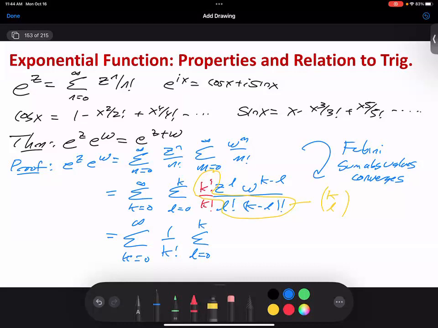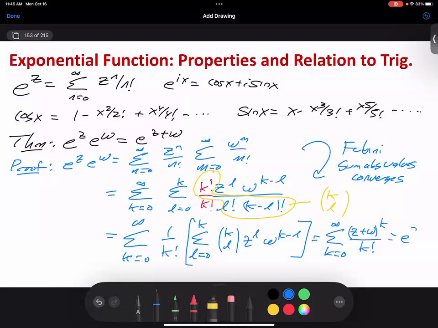We will now have k choose L, z to the L, w to the k minus L. What is this quantity in brackets? It's z plus w. So we just get z plus w to the k over k factorial, which is e to the z plus w. This is what you need to do to prove that the product of the exponentials is the exponential of the sum. Now we have that though.